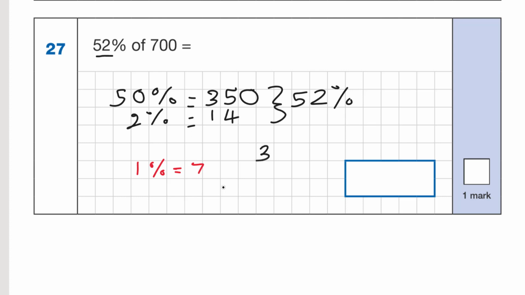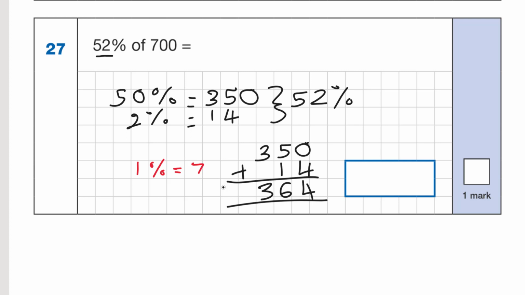So I'm going to add 350 plus 14. Now you might be able to do that in your head. If not, just do a column addition. 0 plus 4 is 4, 5 plus 1 is 6, and 3 plus nothing is 3. So 364.